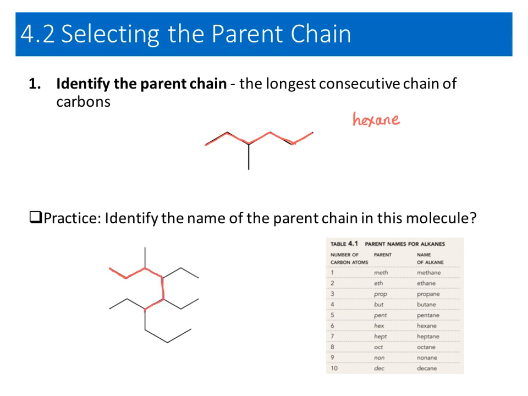That gives me 9 carbons. And if you look at the table, 9 is non, followed by ane. So the parent chain in this molecule is nonane.